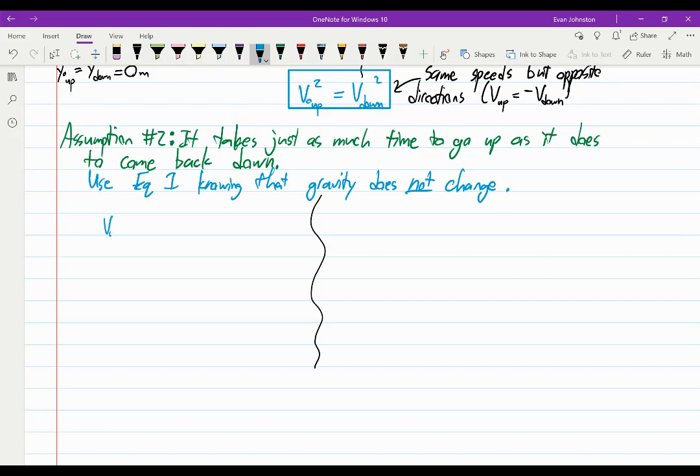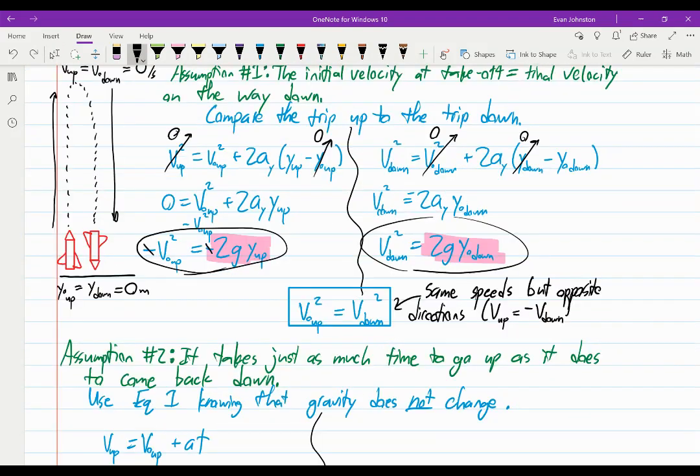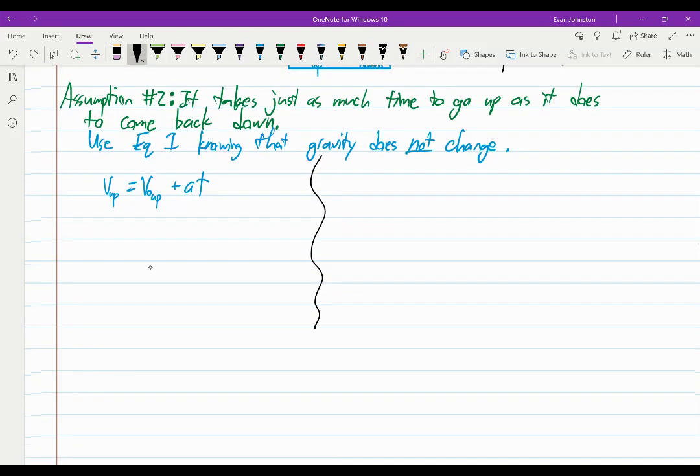So we have the final velocity on the way up is equal to the initial velocity on the way up, or really the speed here, since we're ignoring direction for the moment, plus the acceleration times time. And now we know that at the top of the trip up, the rocket stops, right? So all that tells me is that the final speed on the way up is 0.